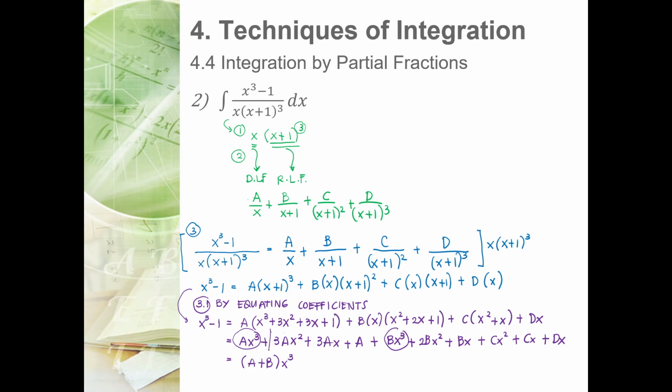Next are your squared terms: 3Ax squared, 2Bx squared, Cx squared. So this becomes (3A plus 2B plus C) times x squared.